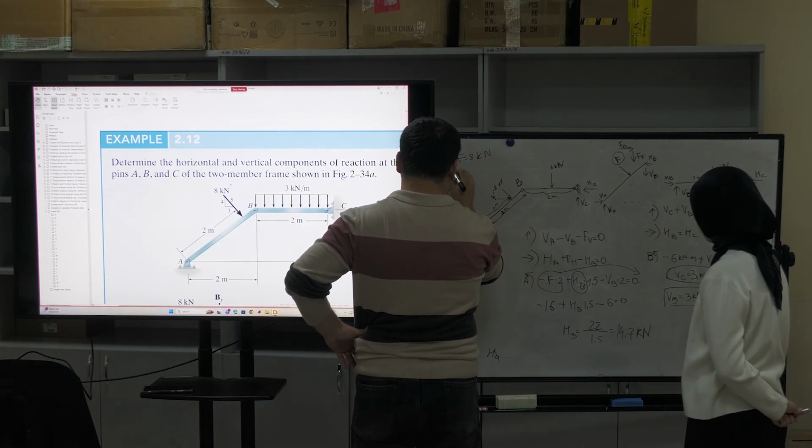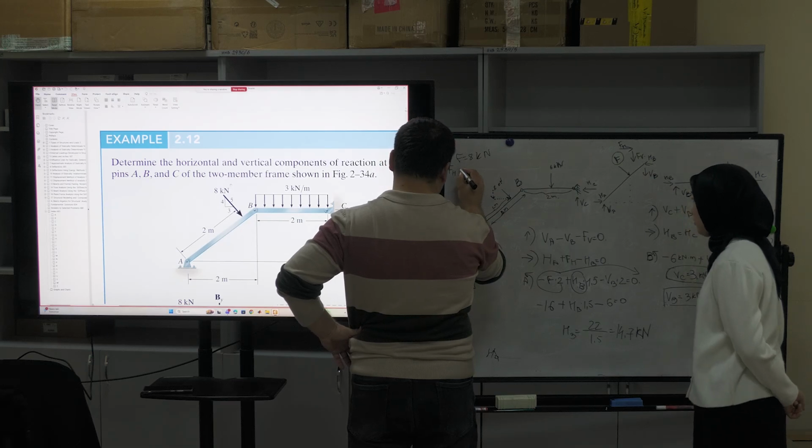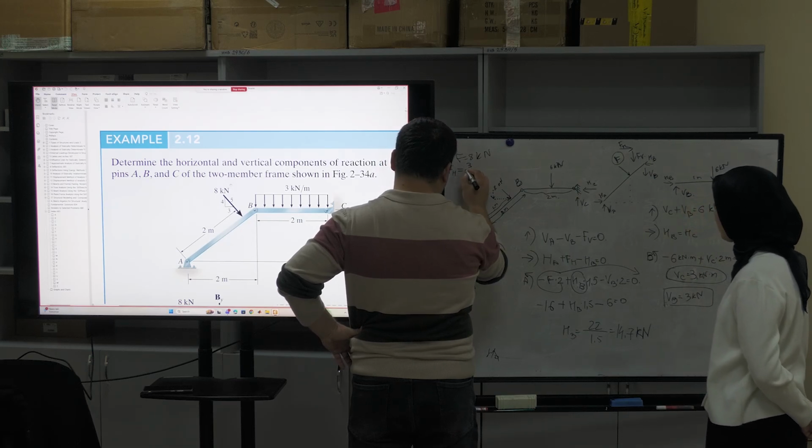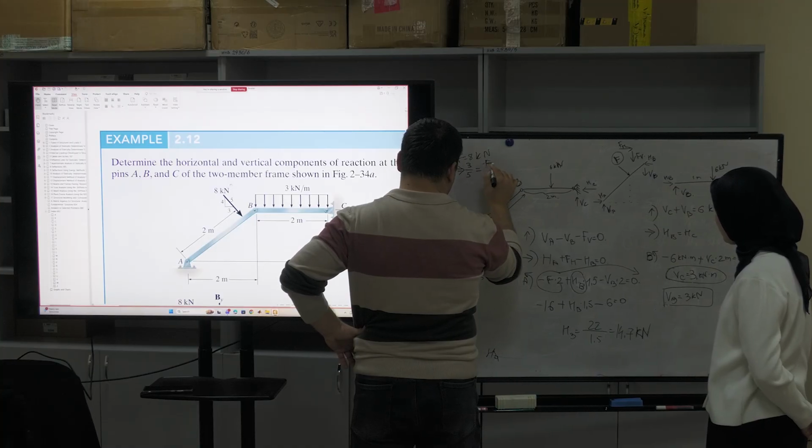But if you want to, if H is equal to what? 3 over 5 is equal to something like that. To find this x, I'm sorry, here is FH over 8. Yes?